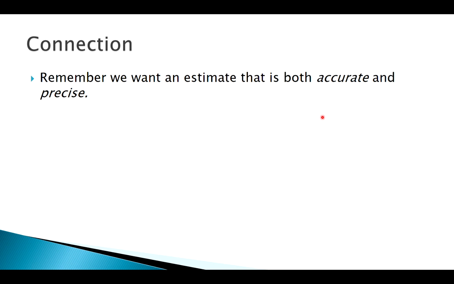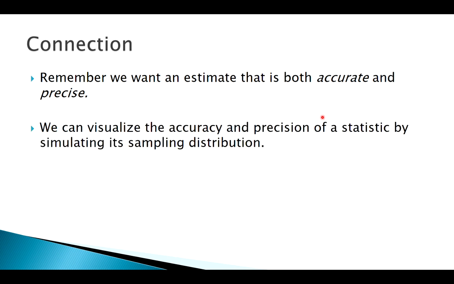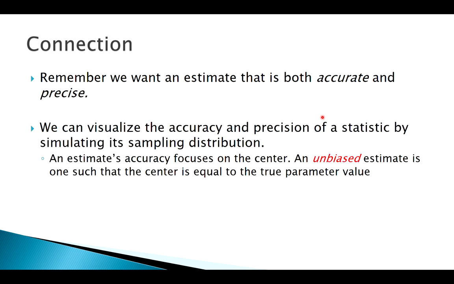We want an estimate that's both accurate and precise. When we're visualizing this sampling distribution, we want to think about accuracy as the center of that sampling distribution. We call a statistic whose sampling distribution is centered right at the parameter that we're looking for an unbiased estimate.